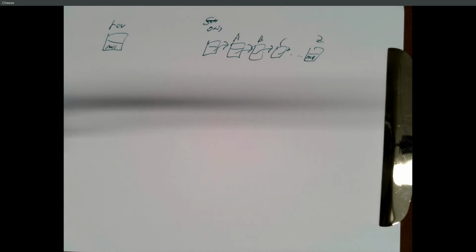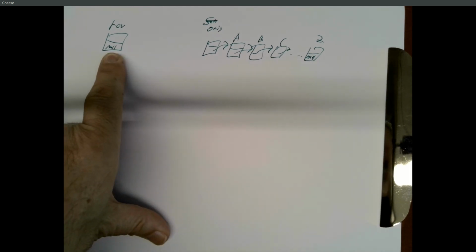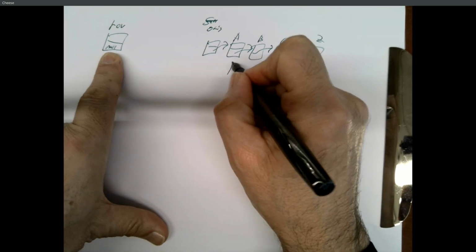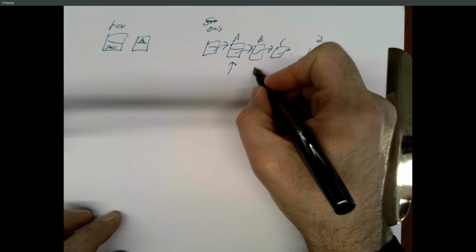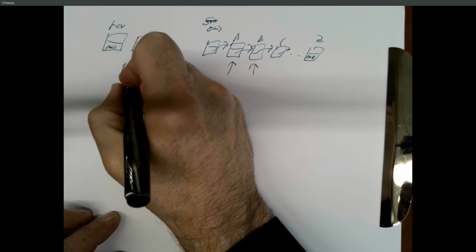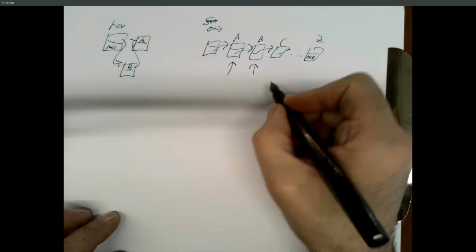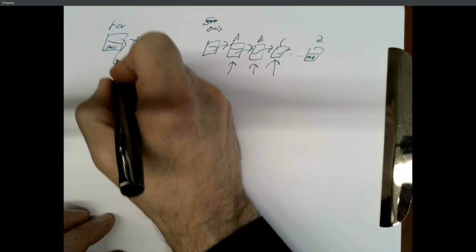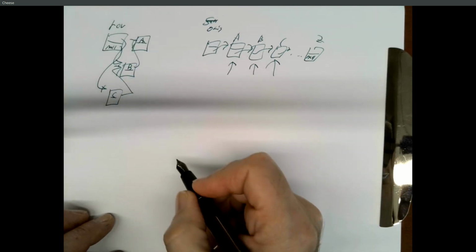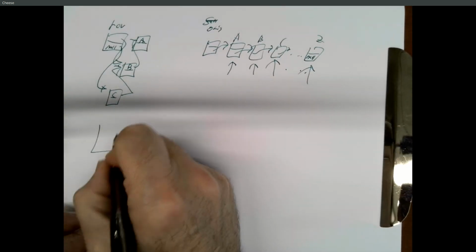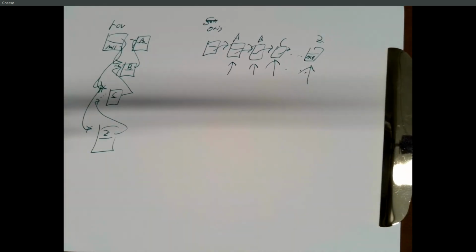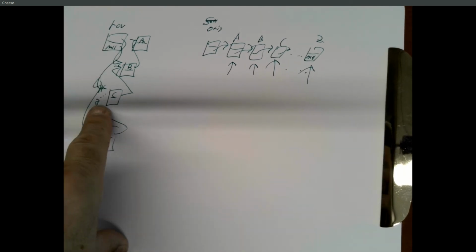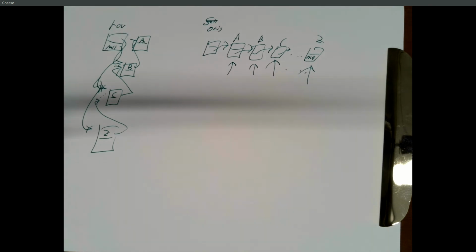One way to construct the reverse list, start with an empty sentinel node. Take the first node in your original list, add that immediately after the sentinel. Take the second node in your original list, add that immediately after the sentinel. Take the third node, insert that immediately after the sentinel, and so on until you get to the last node. Insert that immediately after the sentinel. And now if you look at your new list, the sentinel points to the last thing you inserted, then the thing before, C, B, A. That's the reverse list.